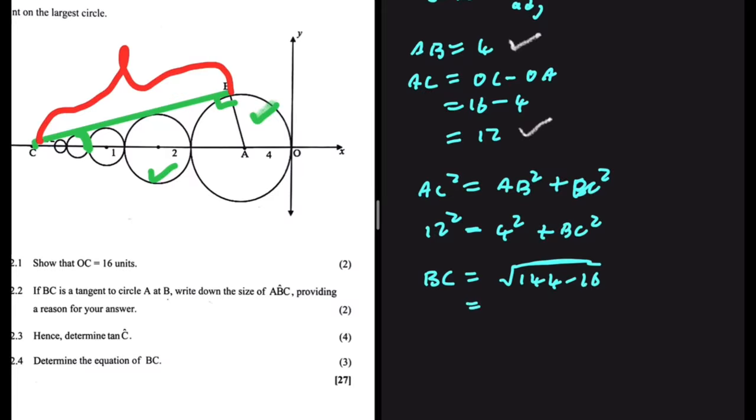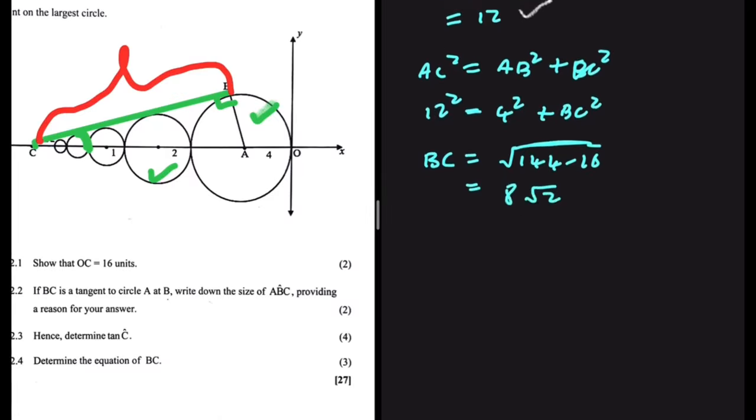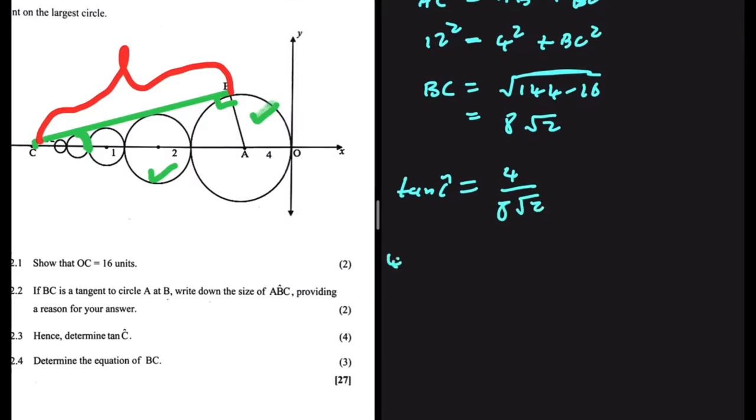This is equal to 8 square root of 2. So now we can say that tan of angle C is equal to the opposite. The opposite is 4 units divided by the adjacent, which is 8 square root of 2. We can further simplify that, but let's just leave it like that.